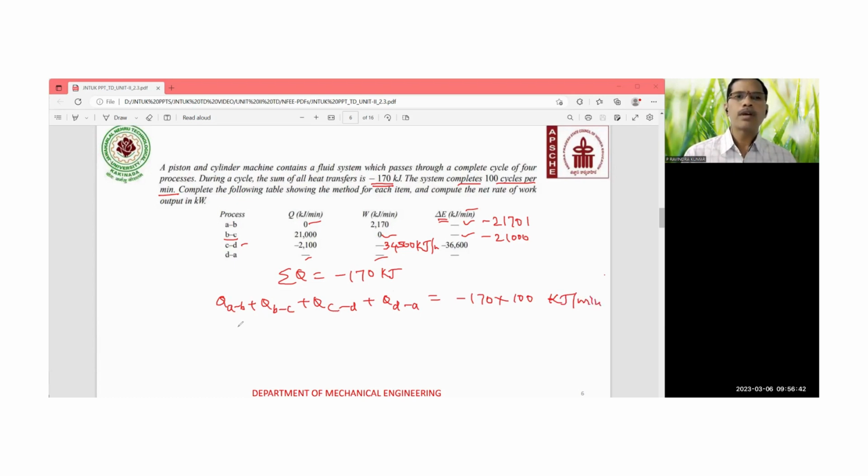So Q A to B, here it is 0. Then Q B to C, what you have got? It is 21,000, right? Next, Q C to D. Here the answer is minus 2,000, already covered, plus Q D to A is equal to minus 17,000.